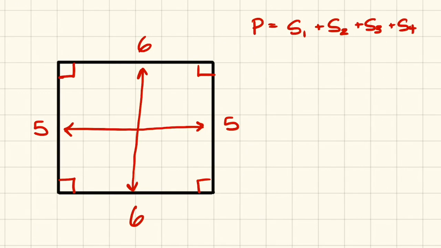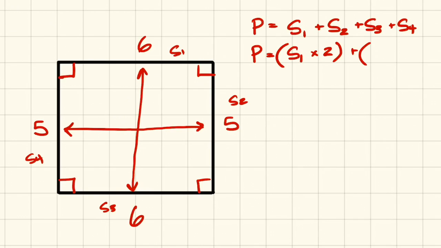That is definitely one way to look at it, but a more sophisticated way, when you're dealing with a quadrilateral that has 4 right angles, or even just where opposite sides are congruent, is P equals S1 times 2 plus S3 times 2. If I'm labeling them S1, S2, S3, S4, I need to make sure that the next one is S3 times 2.